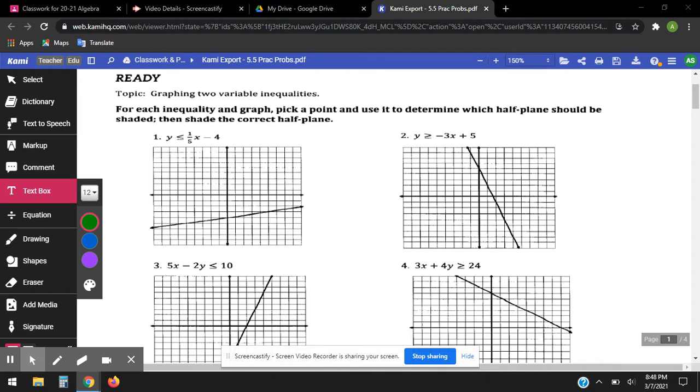If I wanted to figure this out, I'm going to pick an x that is a multiple of 5, because if I multiply by 5, then that would work in there.